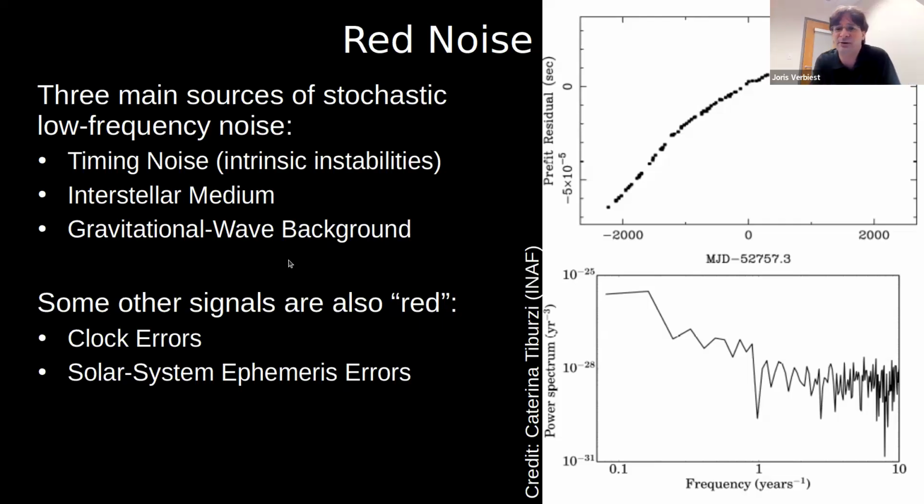And then the gravitational wave background, which consists of supermassive binary black holes, which emit gravitational waves. Those gravitational waves affect us, and I'll get into how that works in a moment.